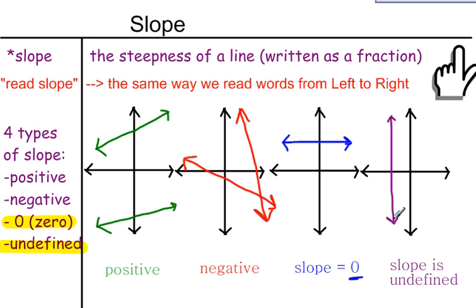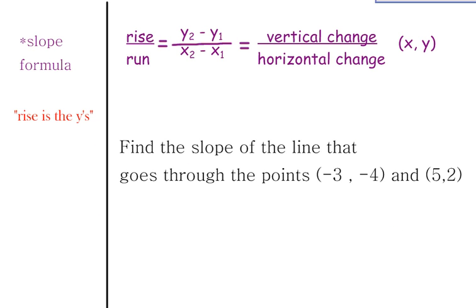And in a moment, when we talk about the definition of slope using math words and math vocabulary, we'll see why this is undefined. So here's the formula for slope, and I've actually written it 3 different times. The one I want you to highlight, the one that you will hear me saying over and over again, I will ask you, slope is what 3 words?